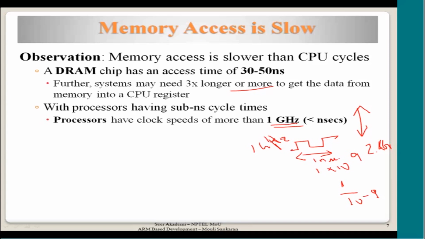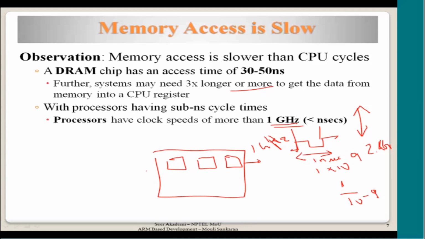So 1 clock cycle, and as I told you, processors are designed with a pipeline. So effectively the throughput is 1 instruction getting completed per cycle, CPI, cycles per instruction. On average we claim that it is 1 clock cycle. 1 instruction comes out or gets executed every clock cycle.